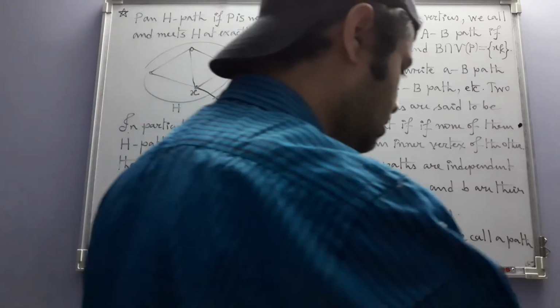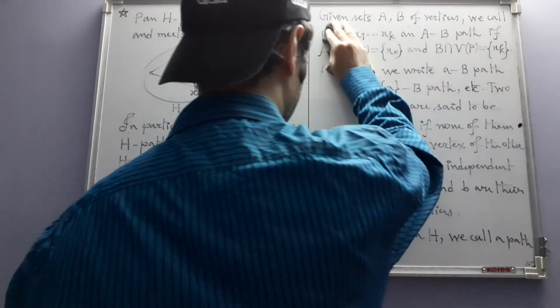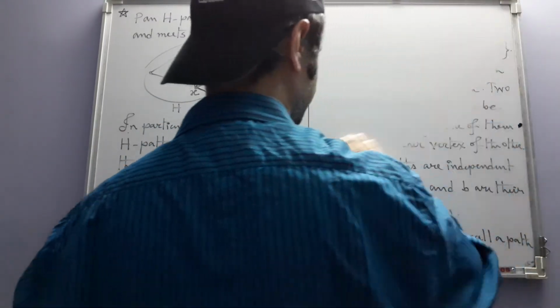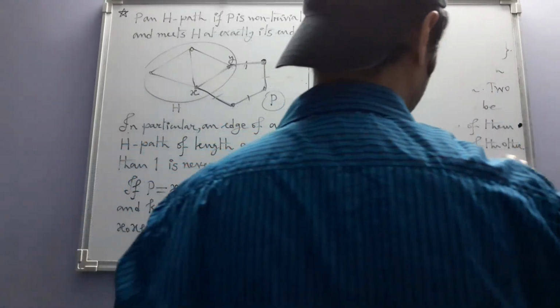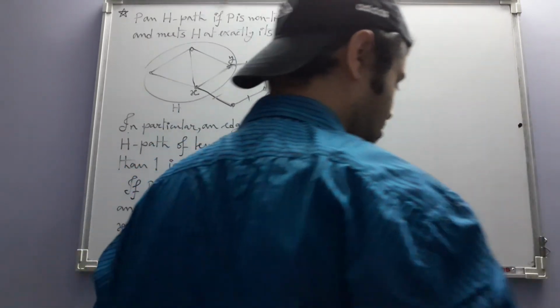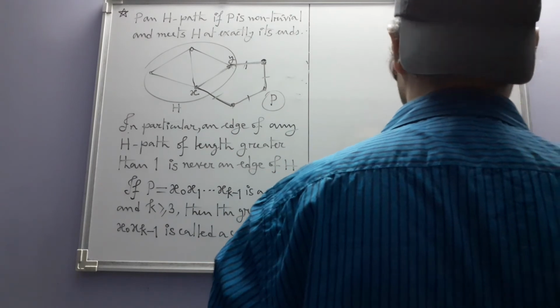So a cycle is like this. A cycle is obtained by joining the ends of a path by an edge and making them adjacent in the process.